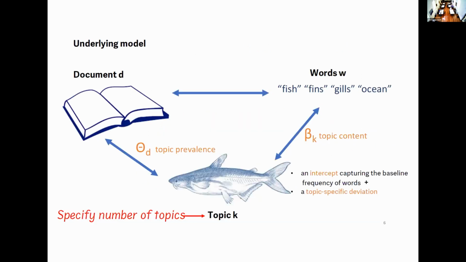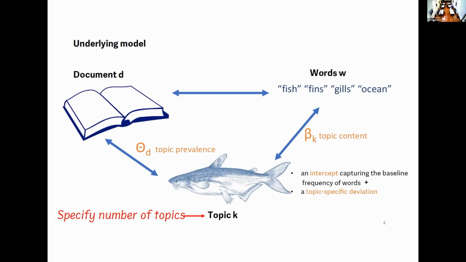Right. We wind up with these two distributions that we want to infer. One on the left there is topic prevalence, which governs how common are the topics in the documents. And that's modelled as a multivariate logistic normal. So the multivariate is however many topics we're imposing, that's how many dimensions that distribution is going to have.